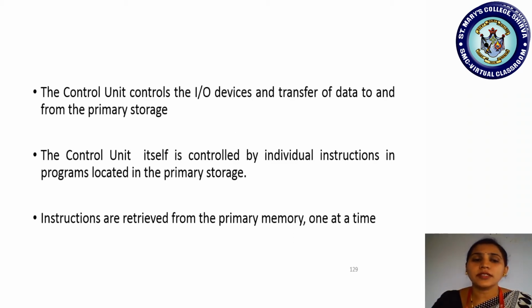The control unit itself is controlled by individual instructions in the programs located in the primary storage. As I told you, by default it is not doing a particular task. Instead, monitoring and managing all other components is the duty of the control unit. So the control unit is controlled by each individual instruction written in the programs located in the primary storage.